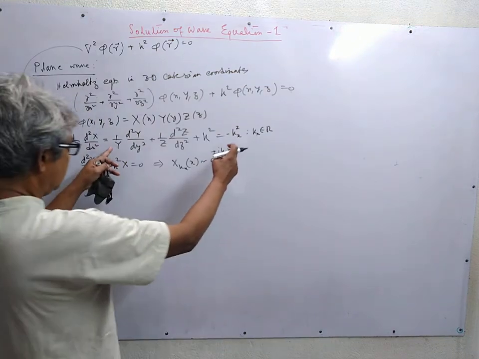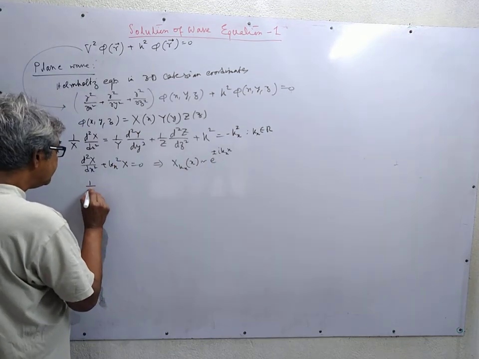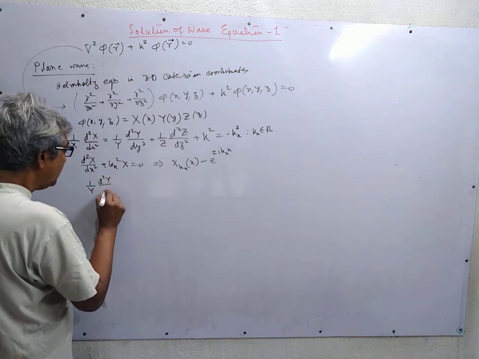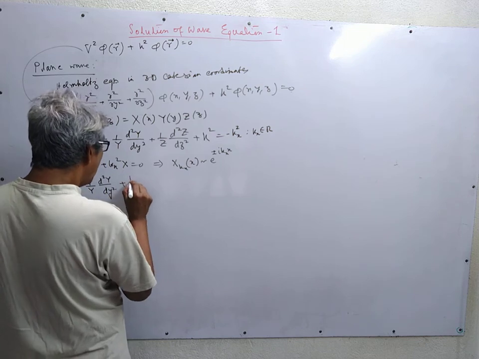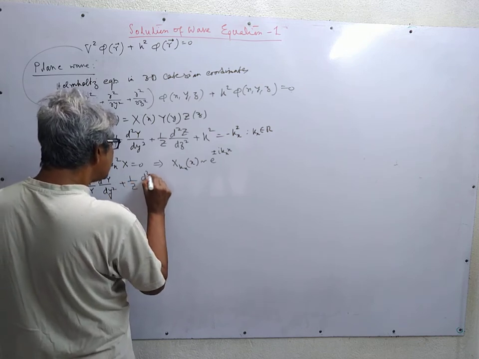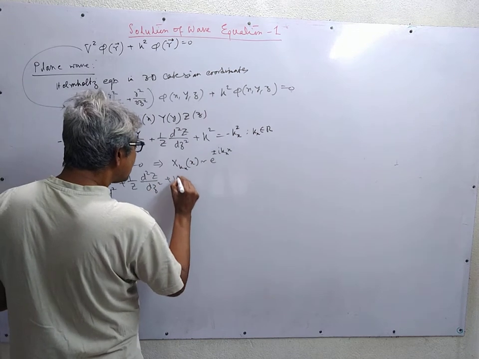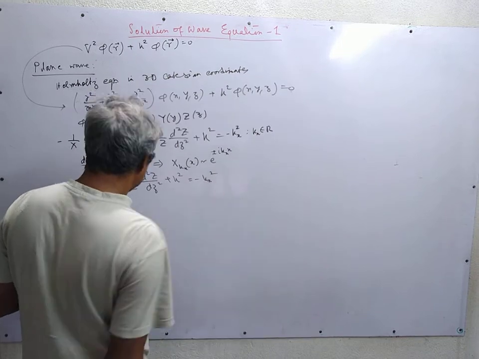Then this part we take: 1 by Y d2Y dy2 plus 1 by Z d2Z dz2 plus k square is equal to minus kx square.